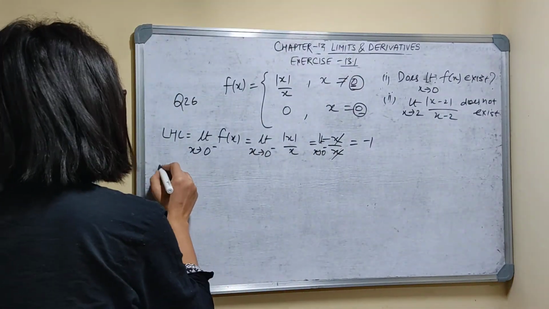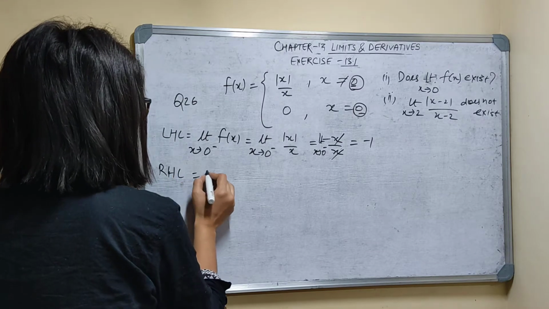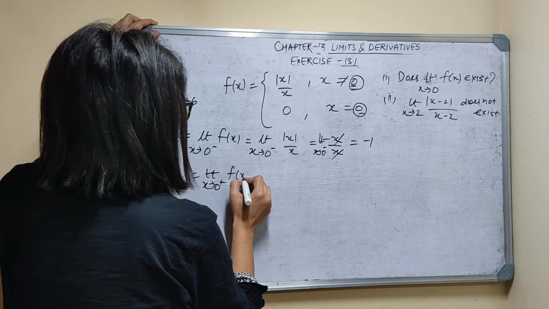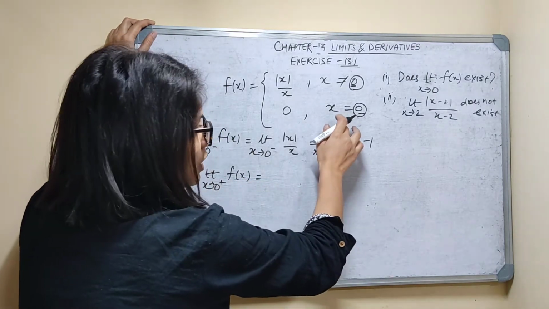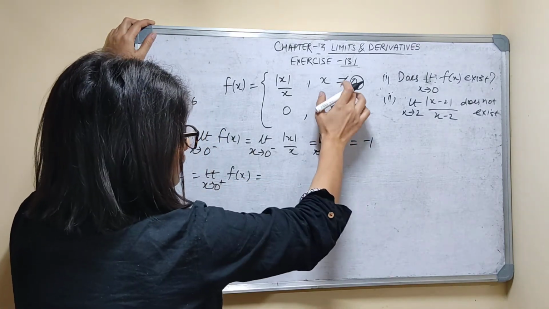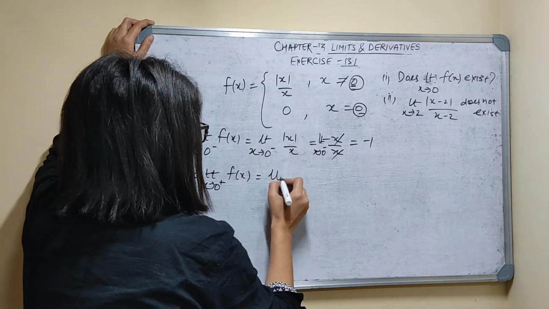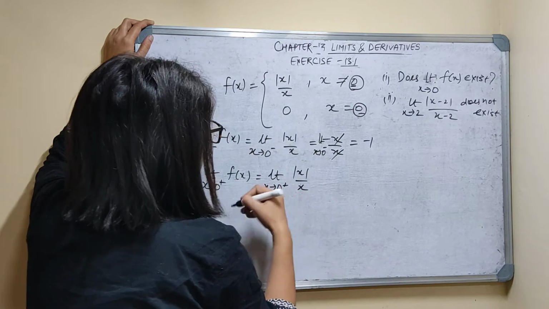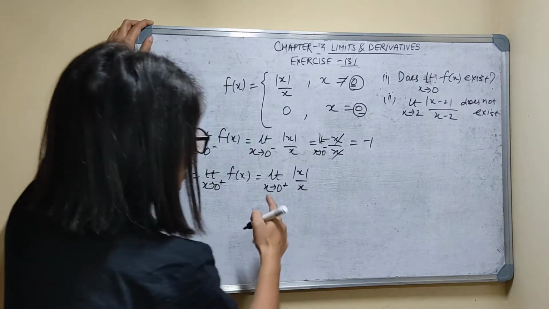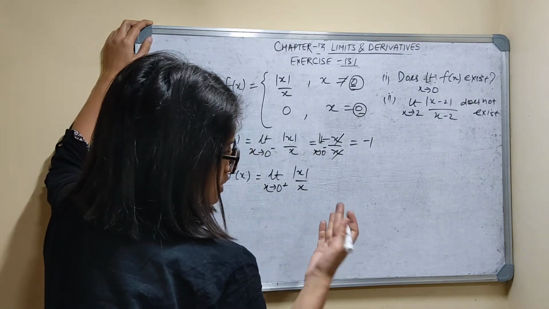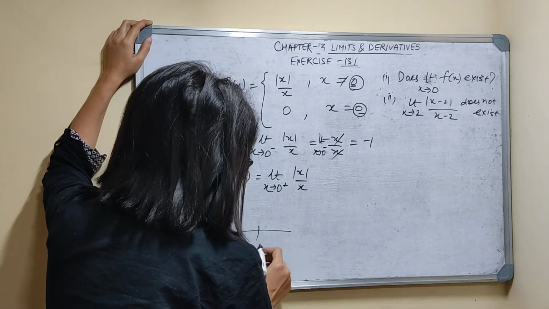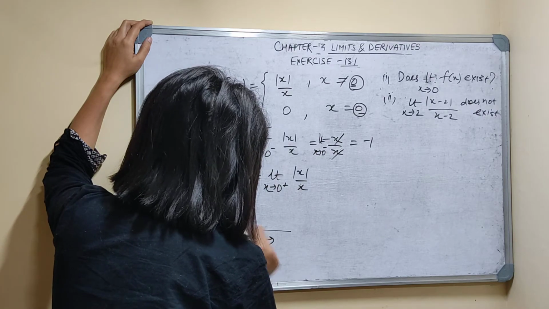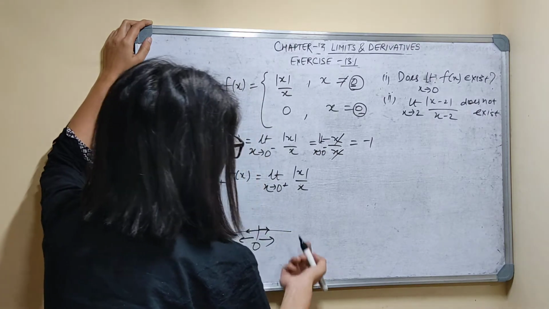Now the right hand limit will be the limit as x tends to 0 plus of f(x). 0 plus means not equal to 0, so this function I have to take, x is not equal to 0. So the limit as x tends to 0 plus of f(x) means |x|/x. 0 plus means more than 0, in the neighborhood of 0. Obviously it is positive.